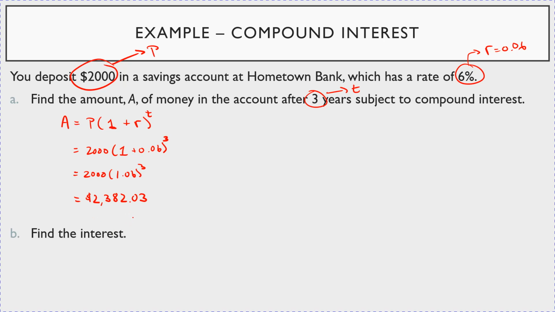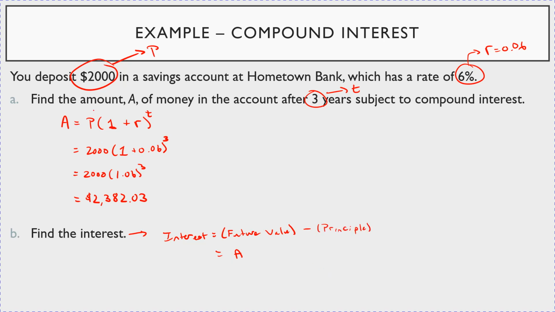All right, so now you have to figure out the total interest you got. To do this, one way you can find the interest is you take the future value, which is the letter A, and then you just subtract the principal, your starting value.